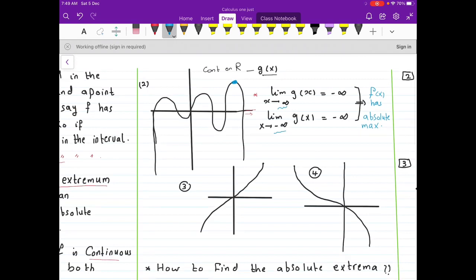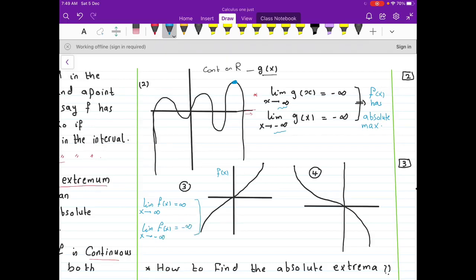Now, if we take this function f of x, what is the limit of f of x as x approaches infinity? Obviously, it is infinity. And the limit of f of x as x approaches minus infinity is minus infinity.